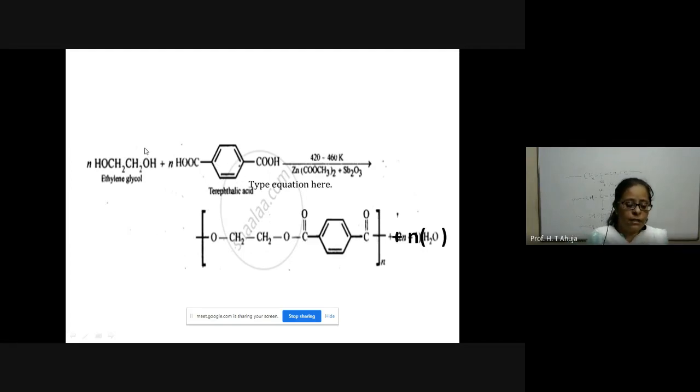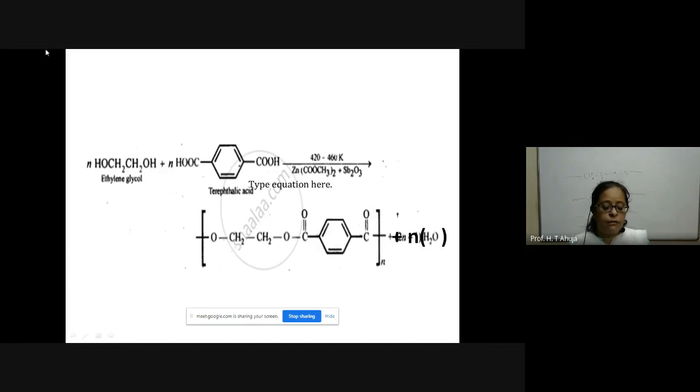Now, when these are heated at a high temperature like 420 to 460, in the presence of a catalyst like zinc acetate and antimony trioxide, it undergoes polymerization where the hydroxyl group of ethylene glycol and the carboxylic group of terephthalic acid undergo condensation with the liberation of a water molecule.